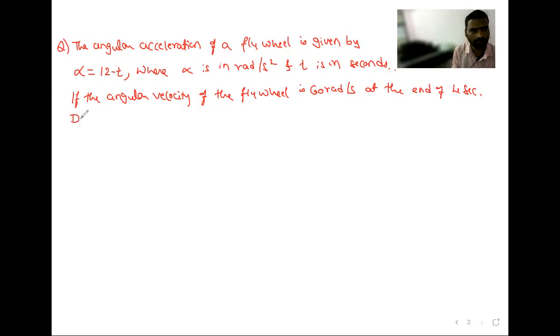Determine angular velocity omega. Okay, I'll write: determine angular velocity at the end of 6 seconds.